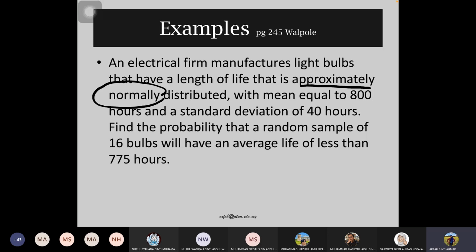Find the probability that a random sample of 16 bulbs will have an average life of less than 775 hours. So it says the lifespan of the light bulbs follows a normal distribution. So let X, the variable we are interested in, be the lifespan of the light bulbs.